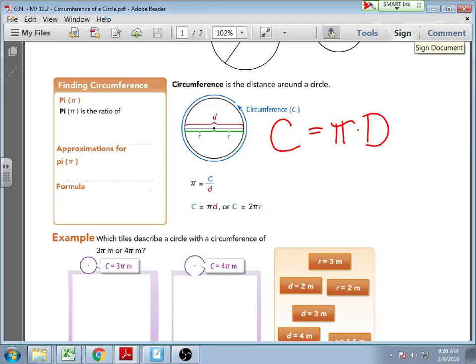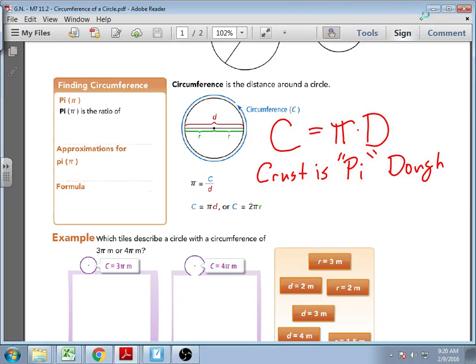So you might want to write down "crust is pi dough," or crust is pi d. That's one way that has helped many kids realize, like, oh wait, circumference, crust is pi dough. And if you don't know what d is, then you can replace it with 2r if you have to, but there's no nice little memory trick for that.